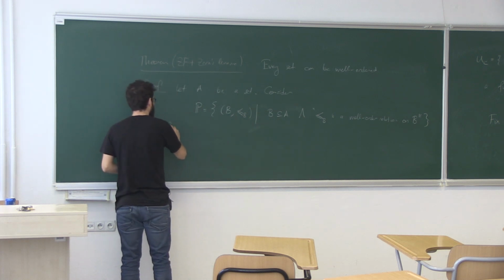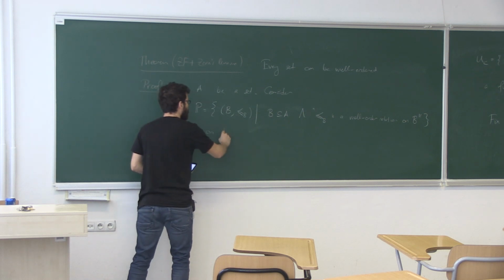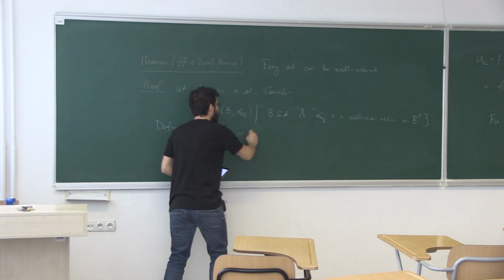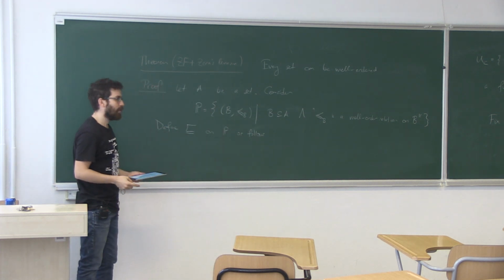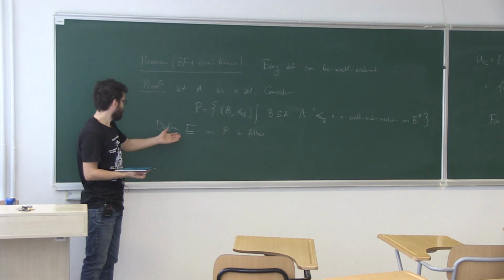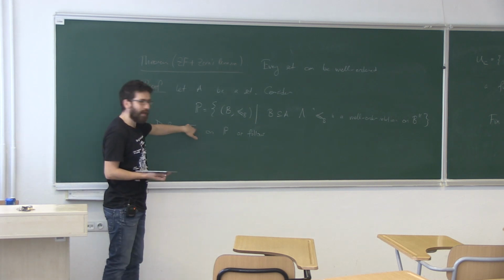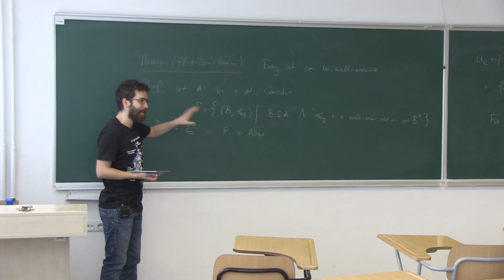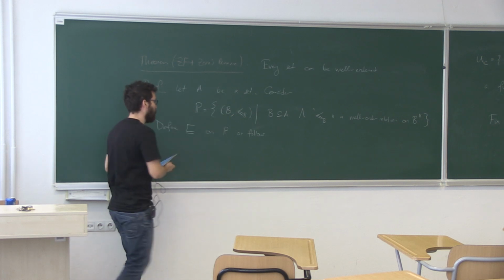Define the following relation on P. I don't know how to pronounce this. What should we call this? I'm just going to avoid calling this by some name. Define a relation on P as follows.